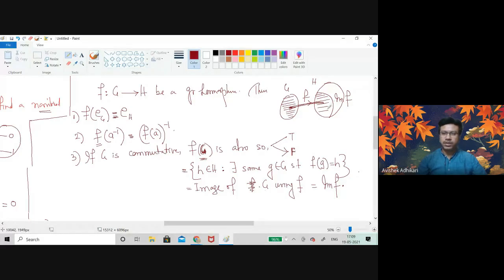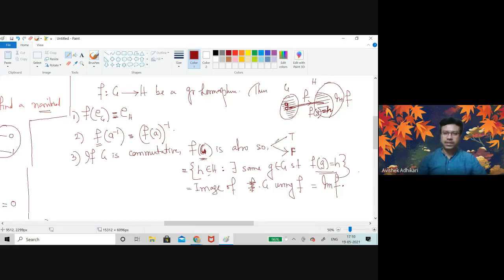That means for every element h of H in this portion, there exists some g such that f of g, an element of H, must be equal to h. Is the definition clear now?